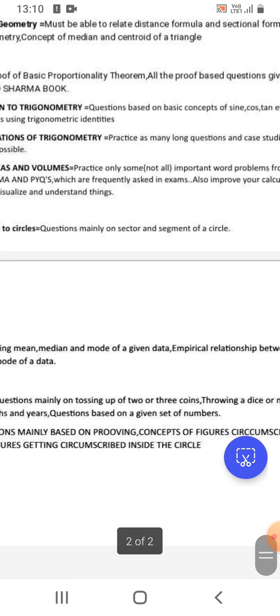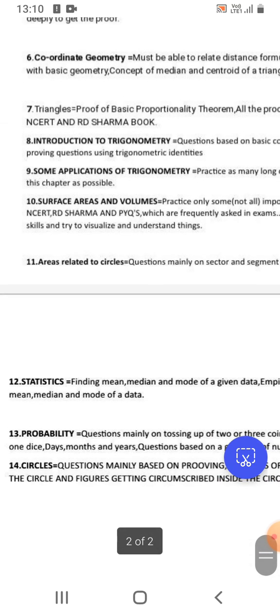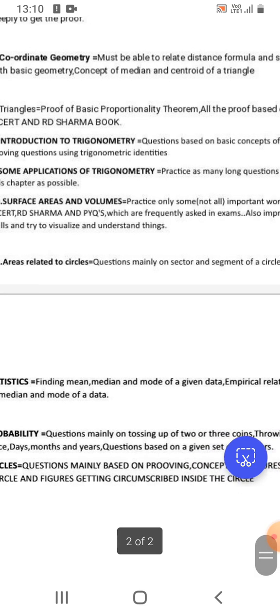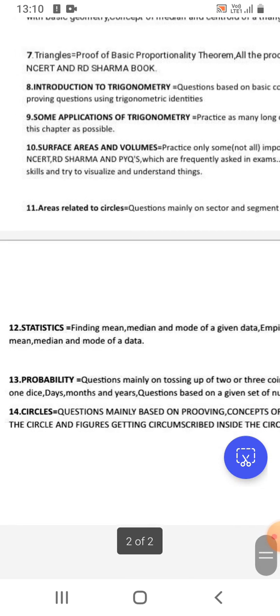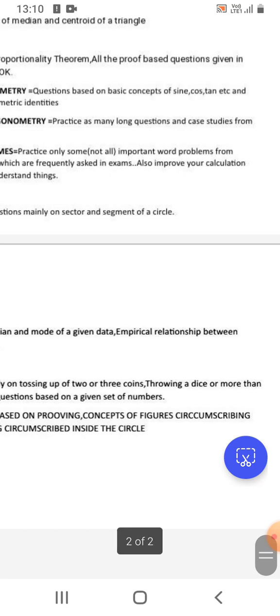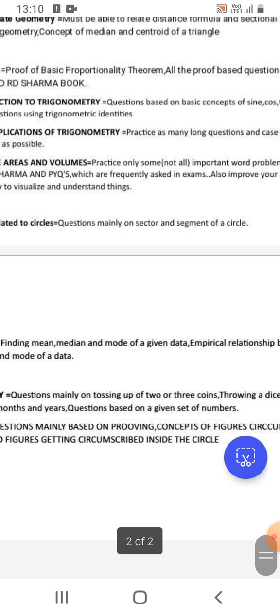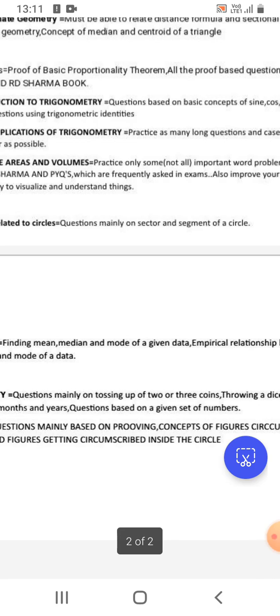Questions mainly on proving concepts of figures circumscribing the circle and figures getting circumscribed inside the circle. It is very important. Proof questions you need to solve.